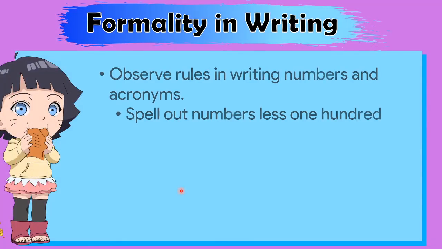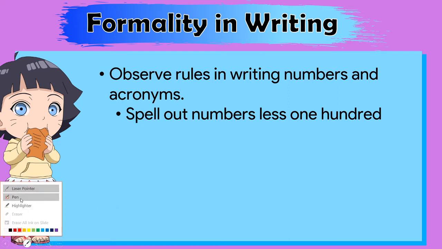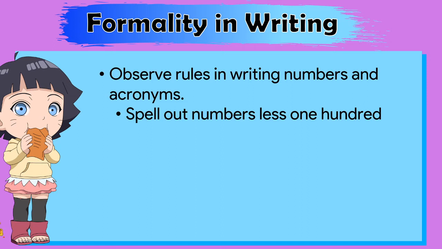Third, observe rules in writing numbers and acronyms. It is said that you should spell out numbers less than 100. So one of the rules in writing numbers is that you should spell out the numbers if they are less than 100.